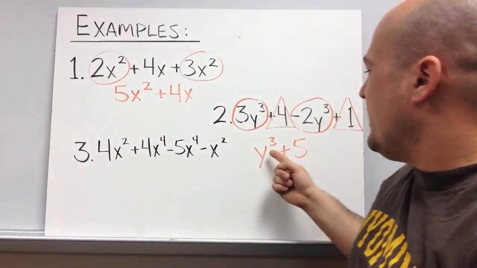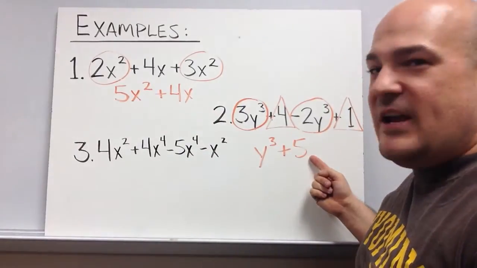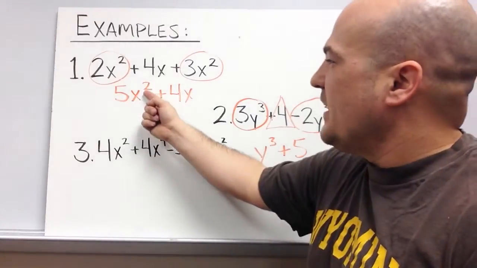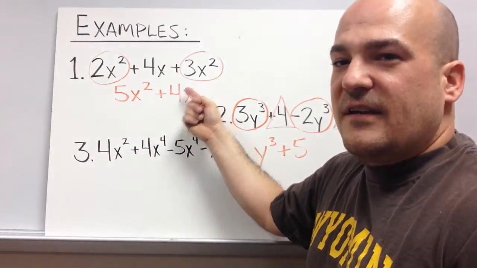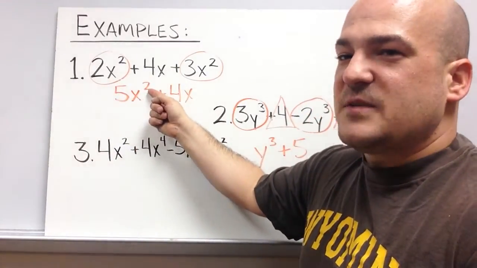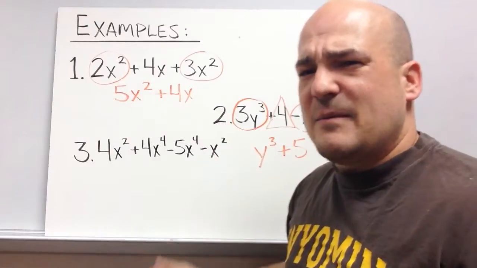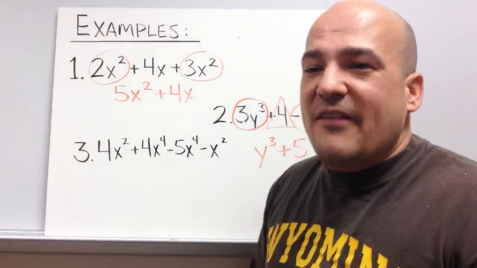Like this one, I have an exponent of 3 here, so I'm starting with that, and then I work my way down to no exponent. On this one, I have an exponent of 2, and I work my way down to an exponent of 1. So when you write your solutions, you should start with the highest exponent and then work your way down, if that makes sense. It's just the proper way to do things. It's like the polite way to do math.